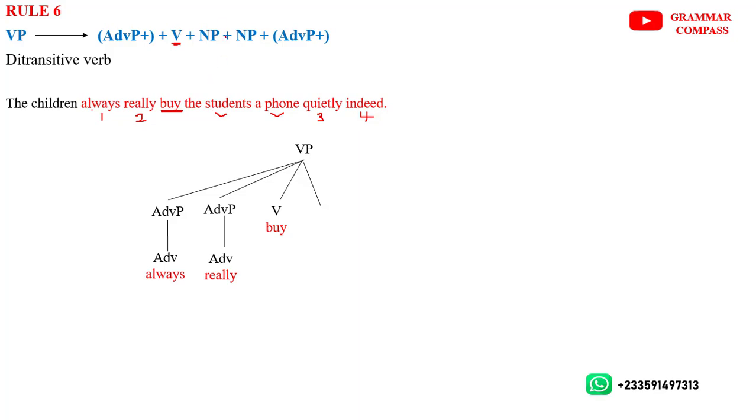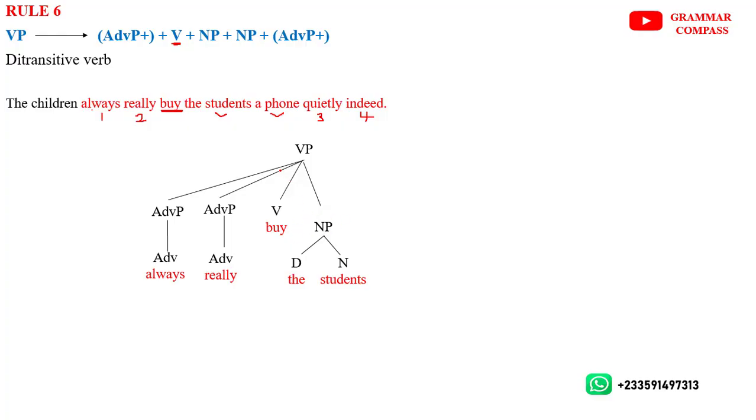The students is what according to our rule? It is a noun phrase. So we write a noun phrase. And this noun phrase, the students, can be broken down into two major parts because it has two constituents. First of all, we have the determiner, which is the, and then the noun, which is students. That is the first noun phrase.